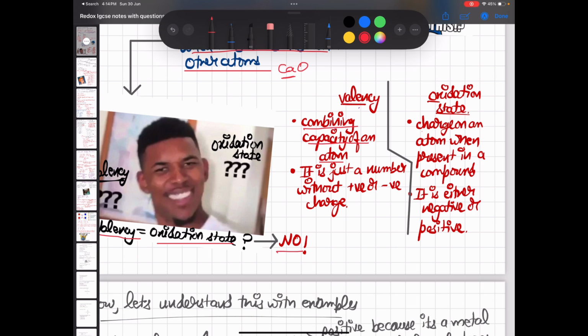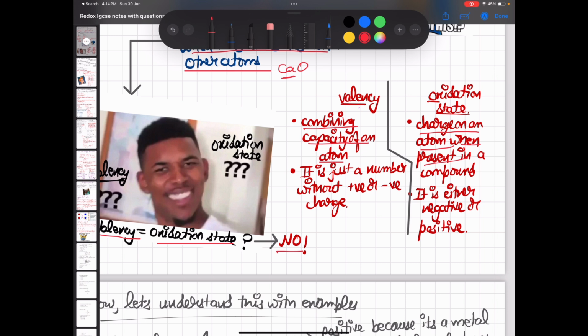So the charge on an atom when present in a compound is the oxidation state. And in a lot of cases, oxidation state is equal to the charge or the valency. I'll give you a lot of examples after this theory is done. Do not worry, it will all be clear to you.